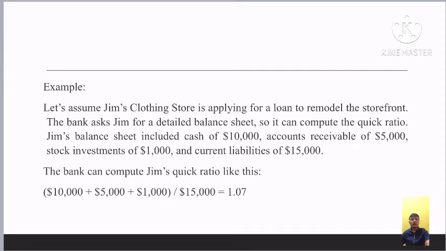The bank can compute Jim's quick ratio like this: $10,000 plus $5,000 plus $1,000 divided by $15,000 equals 1.07.